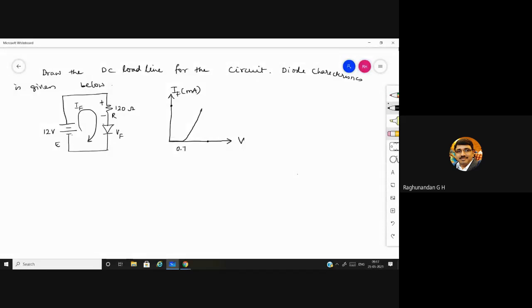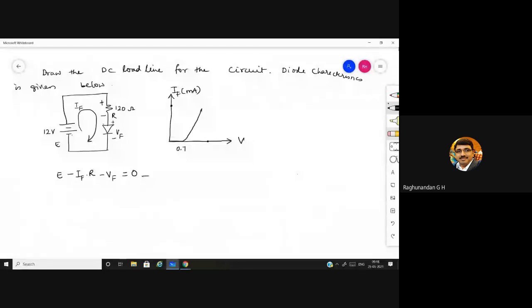First, let us write the equation, then we will substitute the values. Minus E plus IF into R plus VF equals 0.